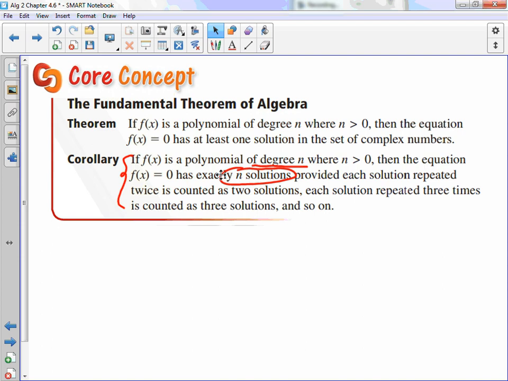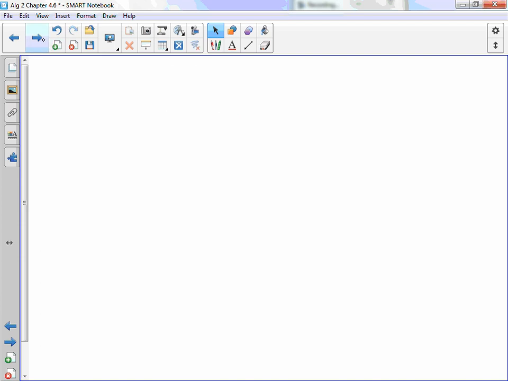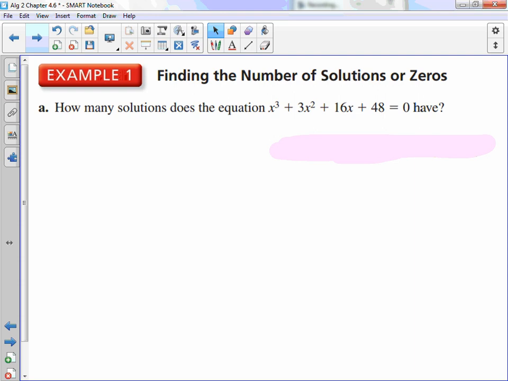Let's look at this first one. How many solutions does the polynomial function x cubed plus 3x squared plus 16x plus 48 have?